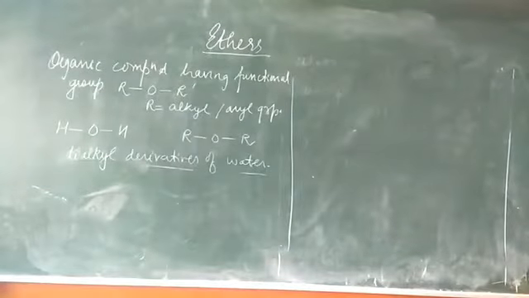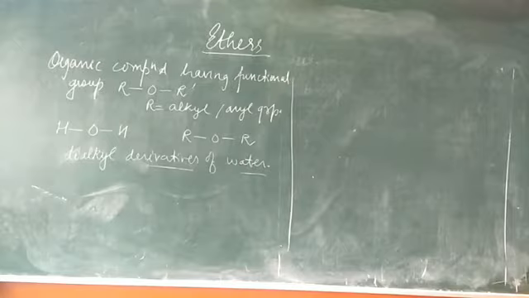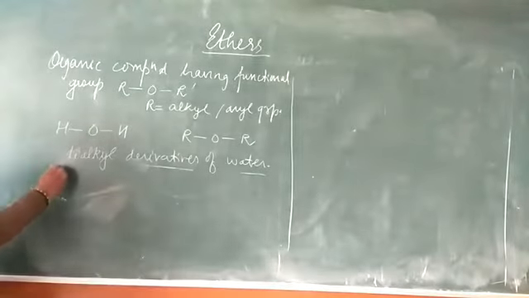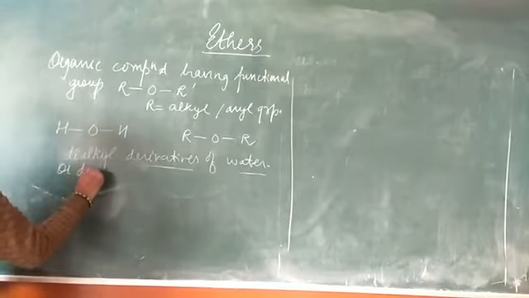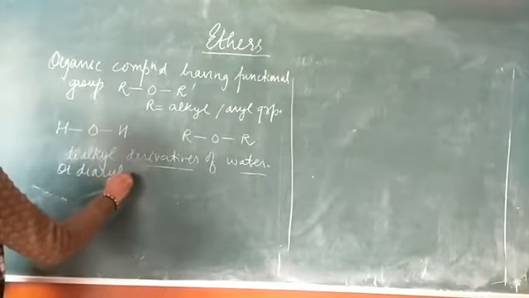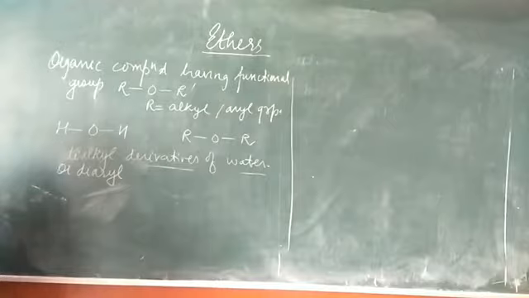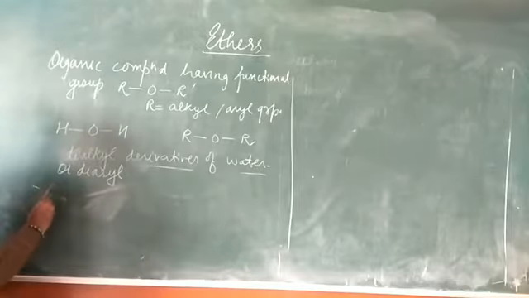So ether is an organic compound having the functional group R-O-R. Since they have a structure similar to that of water, they can also be known as dialkyl or diaryl derivatives of water.